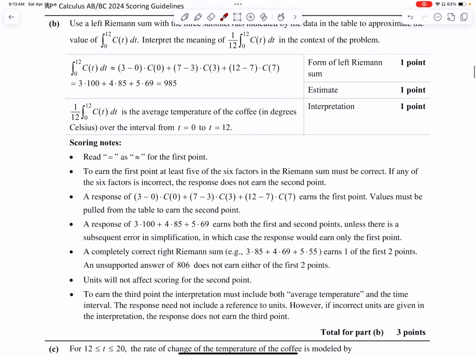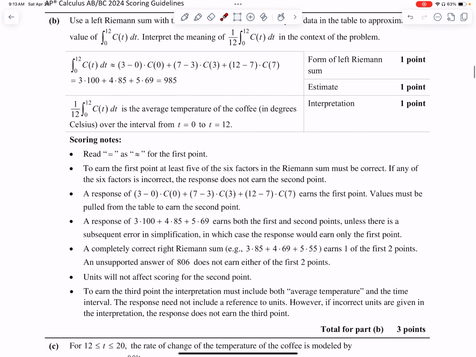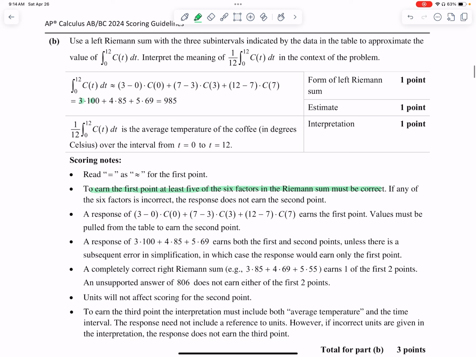All right, let's look at some of these scoring notes and see what might be important. And this is something I was alluding to first. To get that first point, at least 5 of the 6 factors in the Riemann sum have to be correct. So let's see, 1, 2, 3, 4, 5, 6. If you thought that all of the widths were 3, well, then that wouldn't be 5 of the 6, and you would miss it.